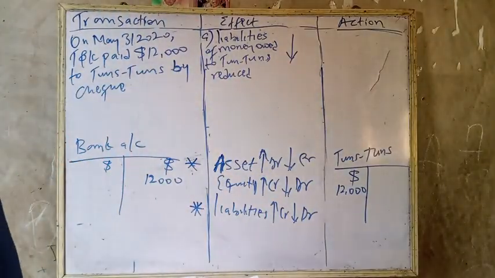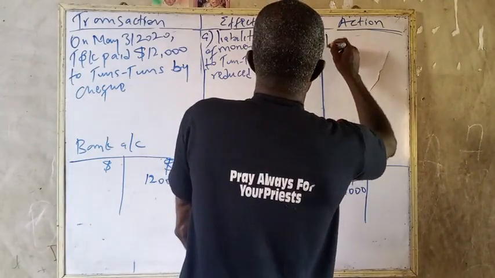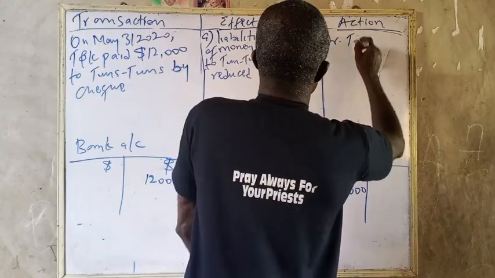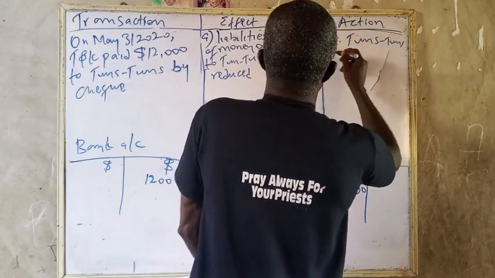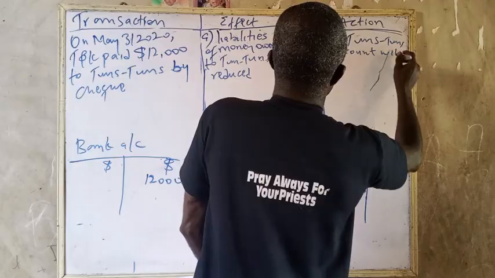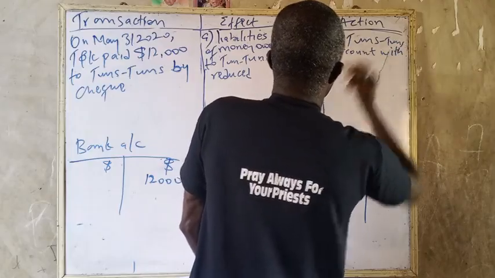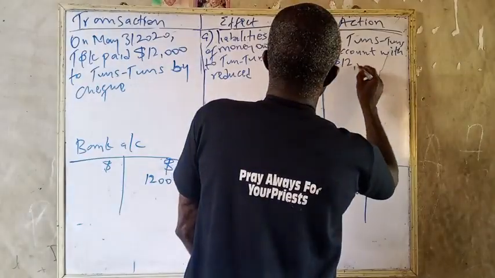When liability reduced, what do? You debit Toonstones account with $12,000.